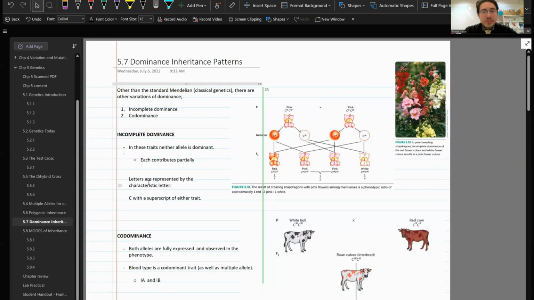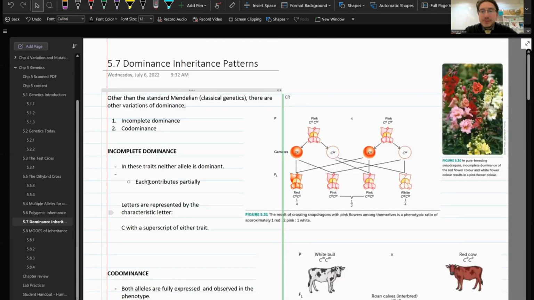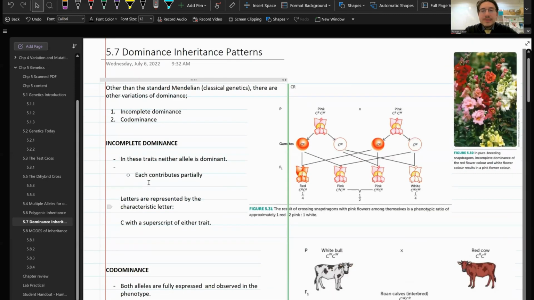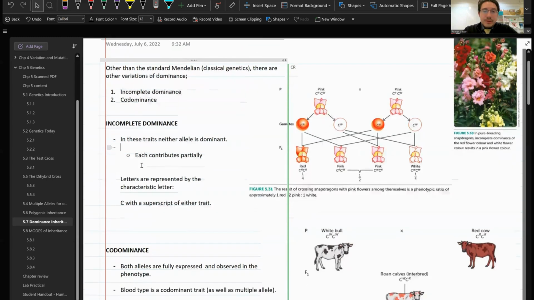Getting into dominance more specifically, these are inheritance patterns. As I mentioned, there are some variations in Mendelian genetics, and this comes into play with dominance. There's incomplete dominance and codominance, and we're going to take a look at each one.